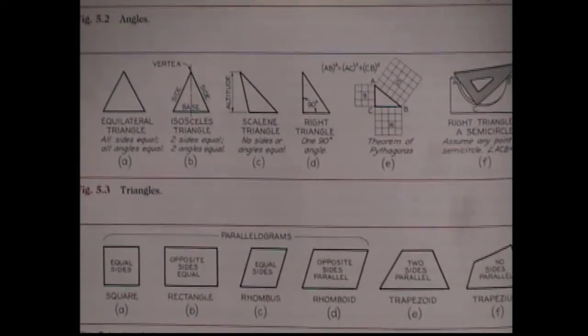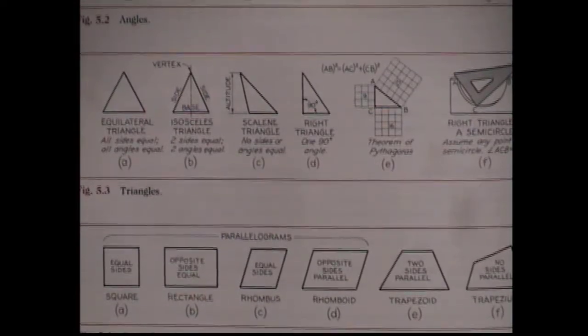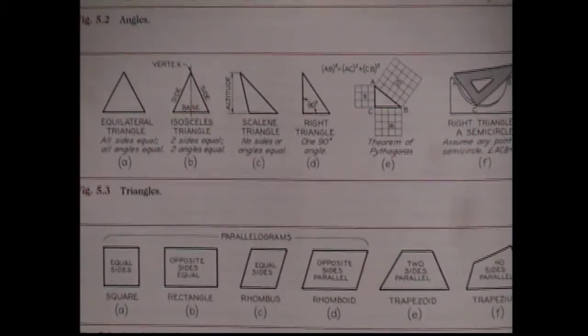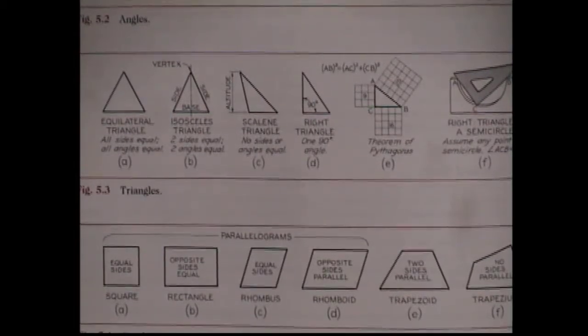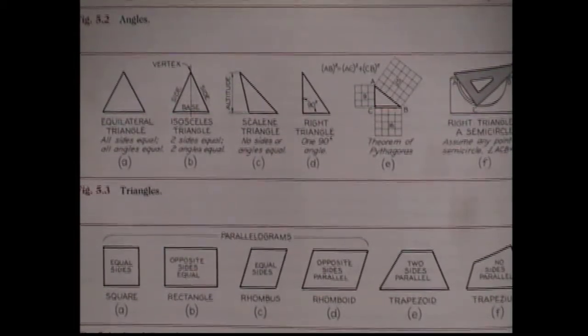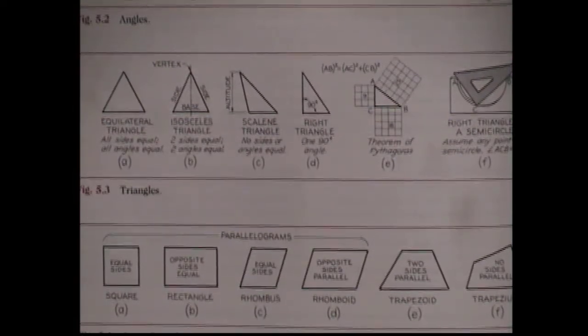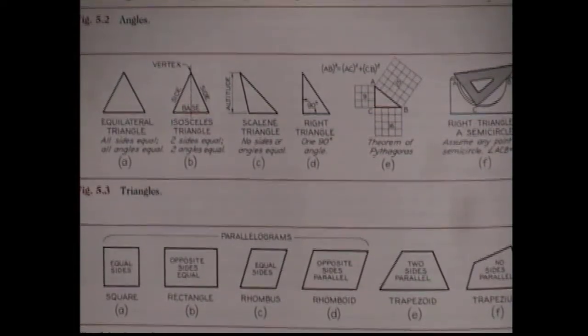Two angles equal and two sides equal. A scalene triangle, there are no sides equal and no angles equal. And then we have our right triangle.